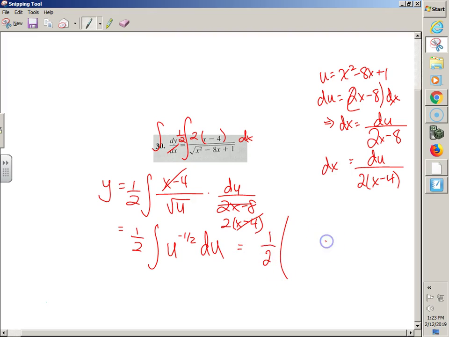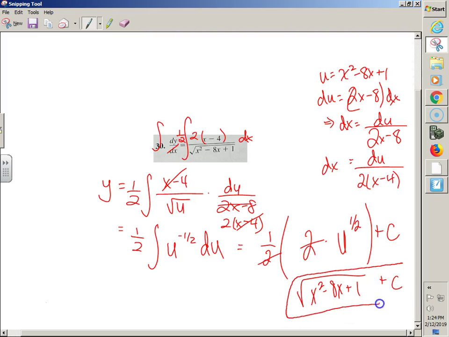I need to multiply by 2, Colby's saying, because he's already added 1 to the negative 1/2 and then flipped it in his head, right? Is this definite? No, it's indefinite. So therefore I have my plus c. So I end up with the 1/2 times the 2 cancels and the square root of who's u? The c is not in the square root, by the way. There we go.